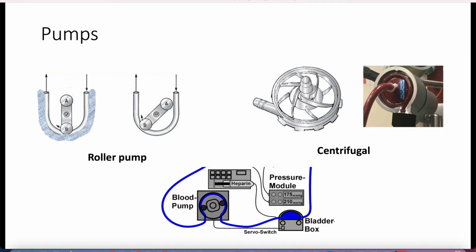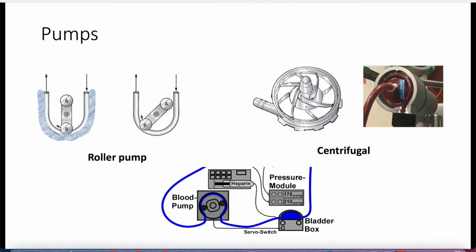The major advantage of this pump is that it produces very reliable flow, and you can calculate the amount of blood that has flown through the circuit by knowing the size of the tube, the length of the tube that's compressed, and how many revolutions per minute.